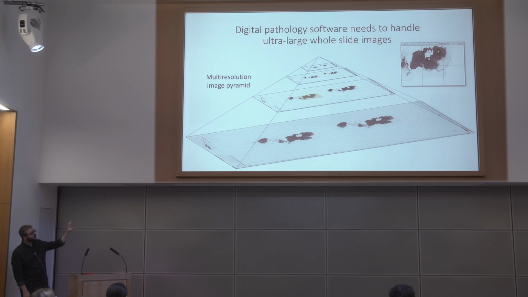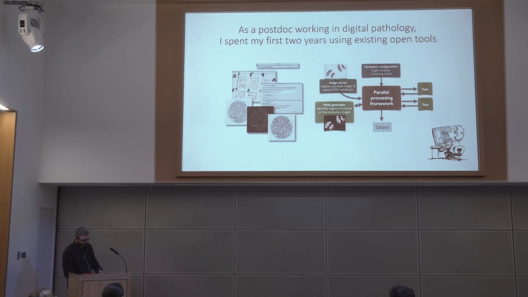And so you need software which is able to perform the visualization and analysis by going into these pyramidal images and then pulling out only the tiles for the pyramid resolution that's relevant at that time, rather than read the entire thing into memory. And that's one of the primary reasons why the existing open source software, whenever I came to work in this field, just wasn't really suitable for pathology images.